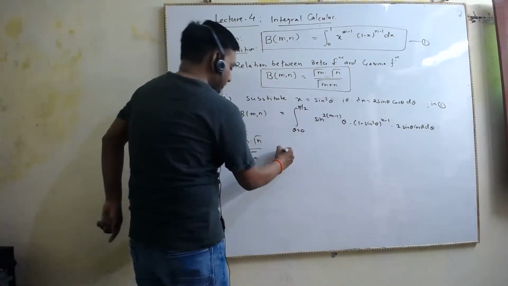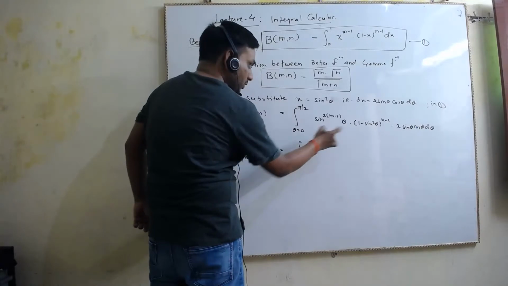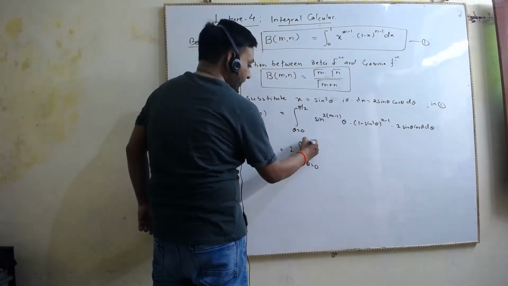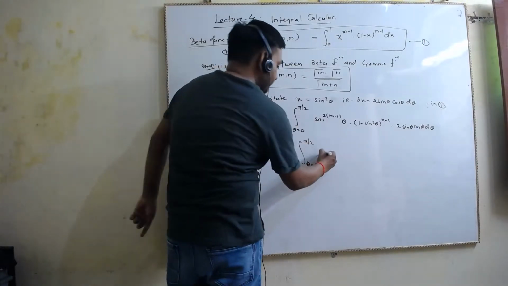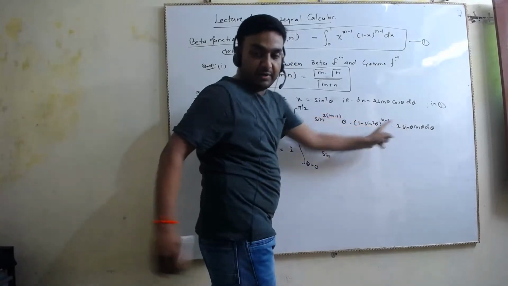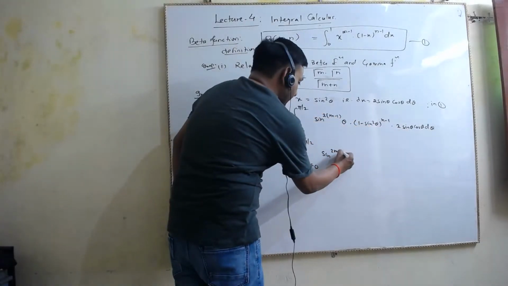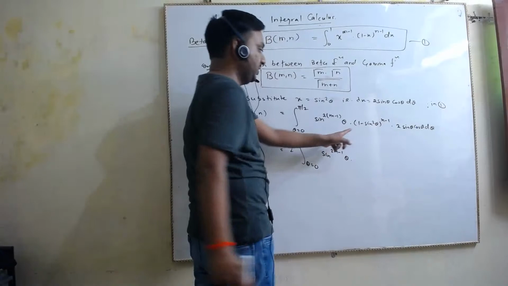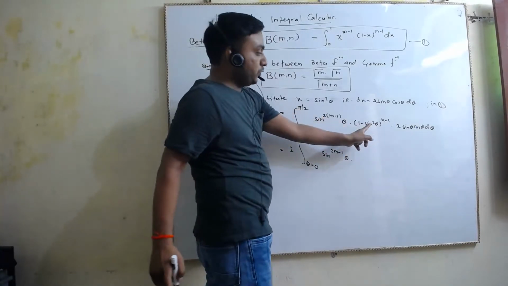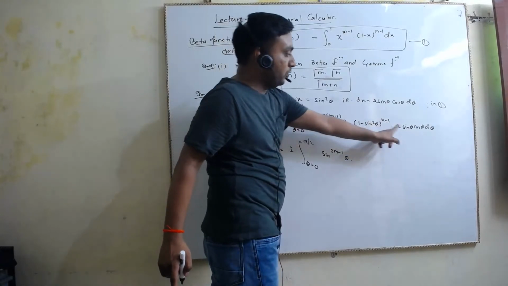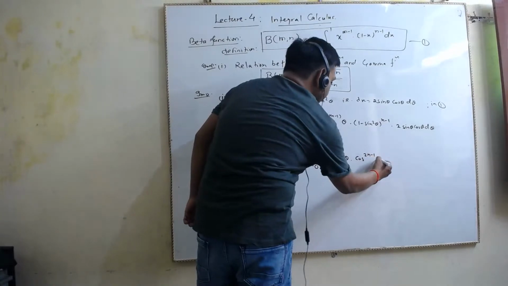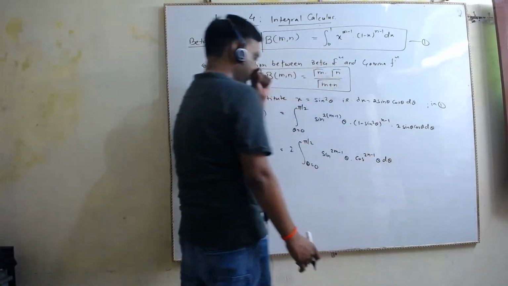So this will come out as 2 outside, theta from 0 to pi by 2, sin to the power 2m minus 2, but this sin theta will become 2m minus 1 theta, into 1 minus sin square theta, which is cos square theta. So cos to the power 2n minus 2, one cos here. So you will get cos to the power 2n minus 1 theta, right?